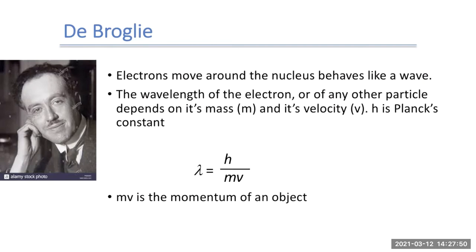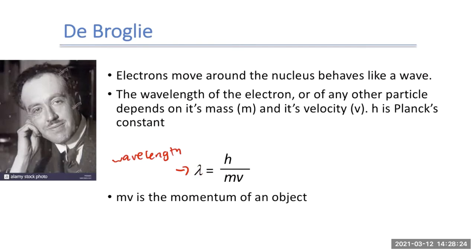So he came up with our wavelength of anything equals Planck's constant divided by the mass times its velocity, or the momentum of that object. So as long as the object has momentum, in theory, it can have a wavelength. Now, we may not be able to perceive these wavelengths, but in theory, it can have a wavelength.